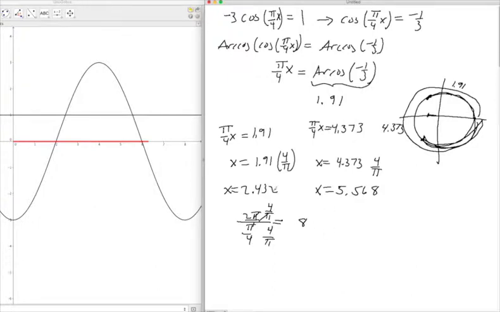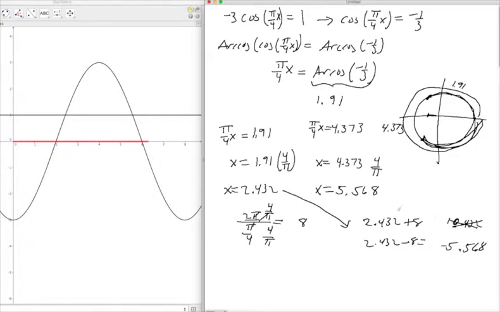Now if I take my first solution, 2.432, and I add 8 to that, I'm going to get 10.432, which is clearly too big, so I don't want it. If I do 2.432 and then subtract 8 from that, I end up getting negative 5.568, which I don't want either because it's negative.